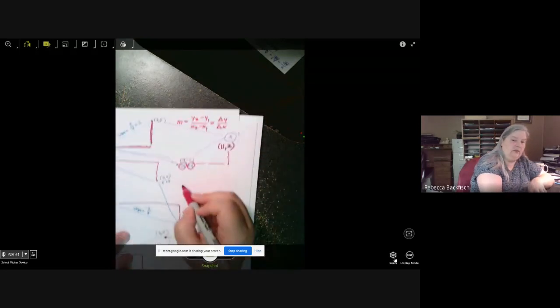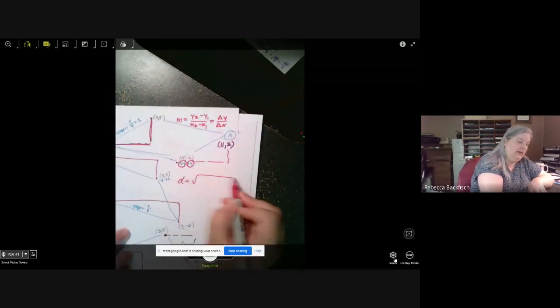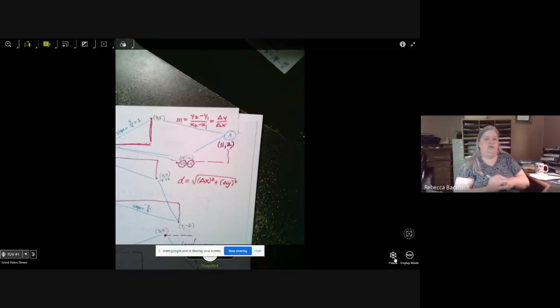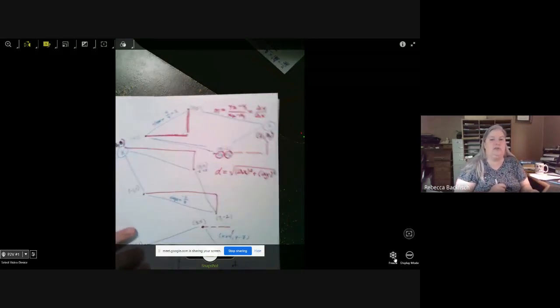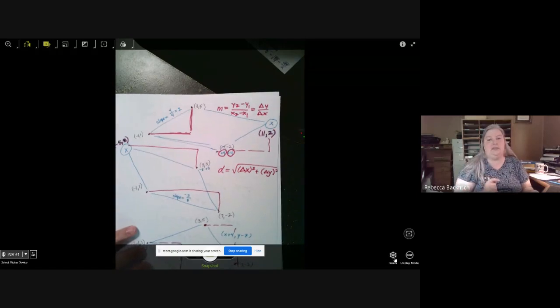And in the distance formula, you've got the same thing going on in here. This is the change in x squared plus the change in y squared. So either way, what you're really using is the difference between these points left to right, and the difference between these points up and down.